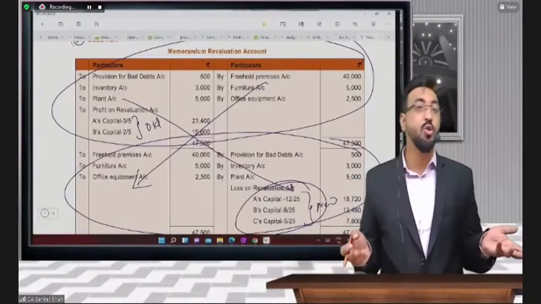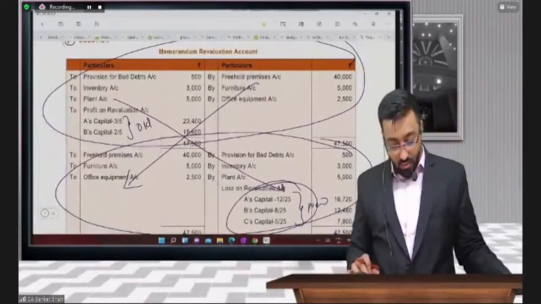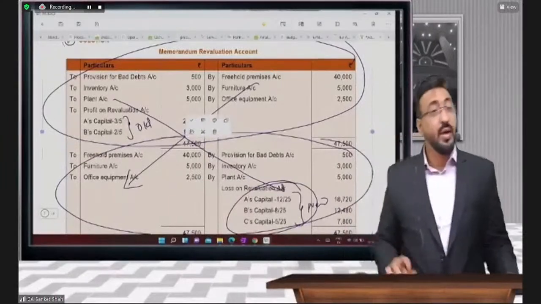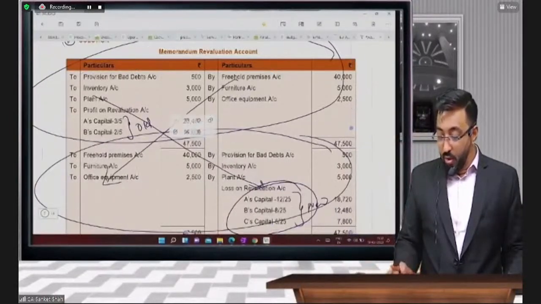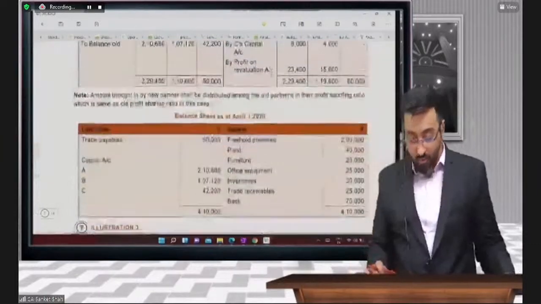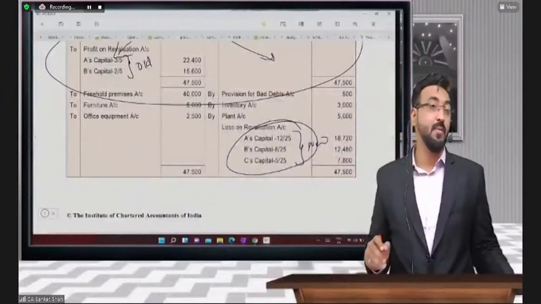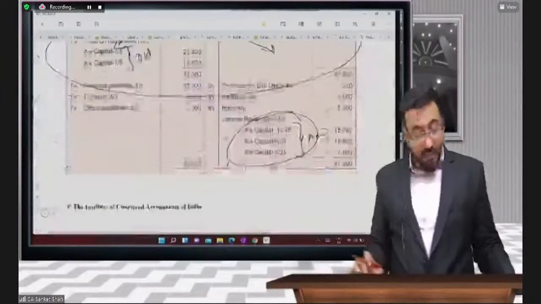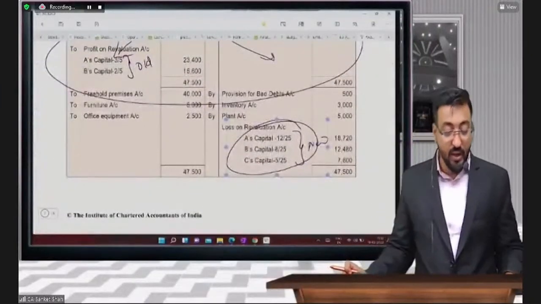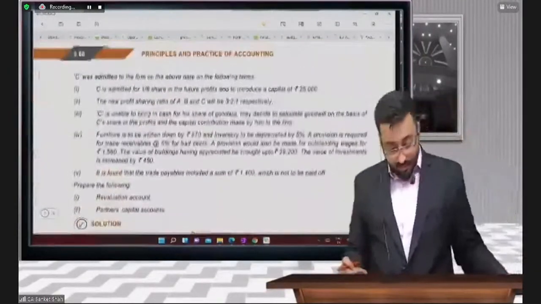As the new ratio is not given in the question, old ratio is equal to sacrificing ratio. Okay, you can use it. Otherwise, as per module, you have to calculate the new ratio, 12:8:5. But as per my method, there is no need to calculate it. It's very simple.